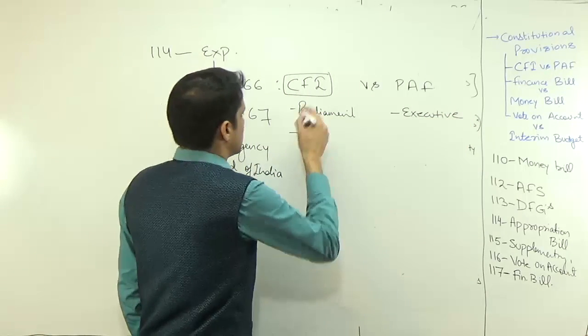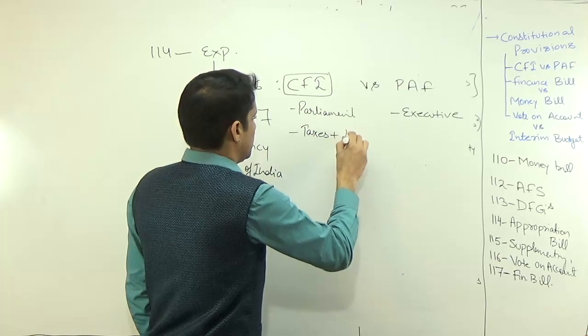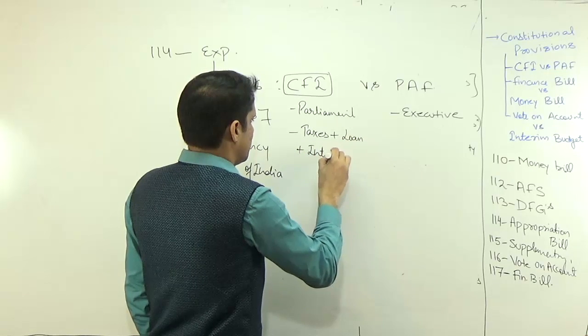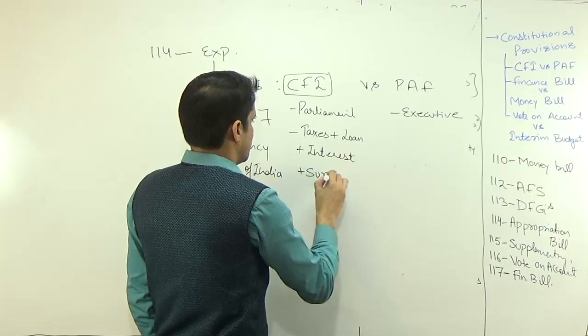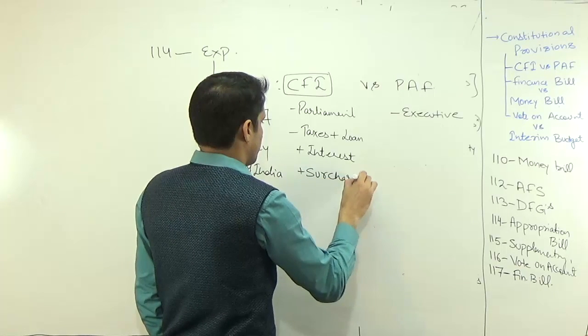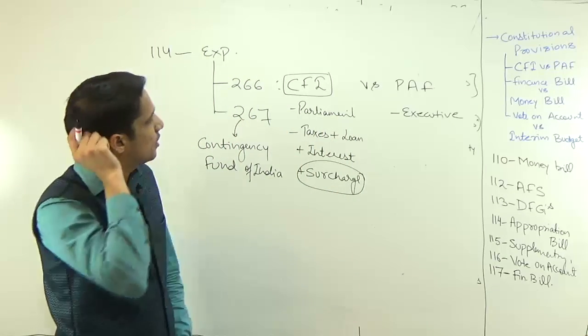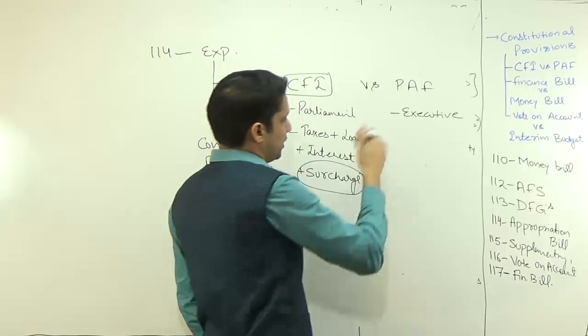Then what constitutes the Consolidated Fund of India? It includes the normal taxes which are coming, plus any loan taken by the government, plus the interest being received by the government, plus surcharge. All these things are a part of the Consolidated Fund of India. Then what comes under Public Account Fund?